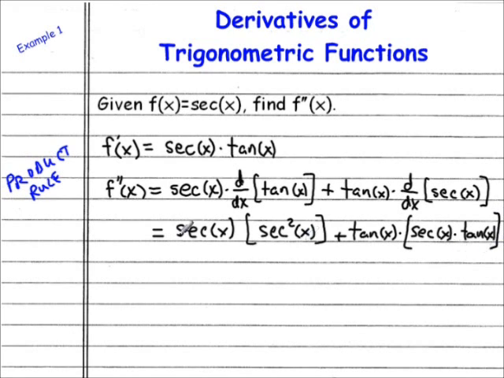As we look through, we notice here we have secant x times secant squared x, which of course is secant cubed x.